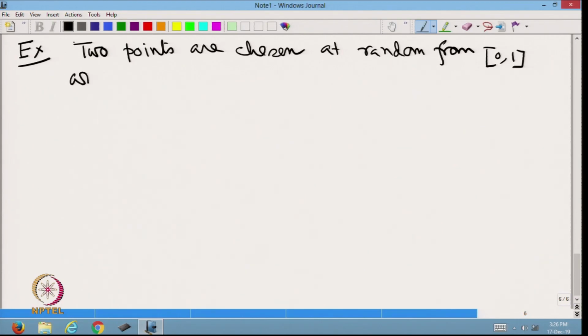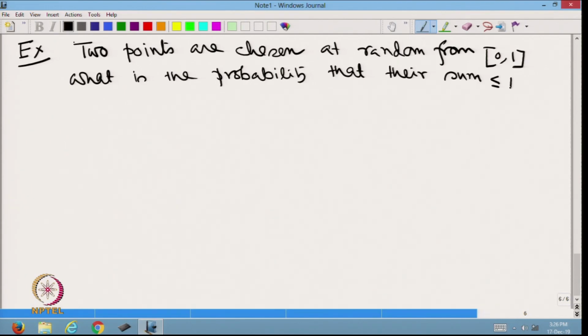What is the probability that their sum is less than or equal to 1 and product less than or equal to 2 by 9?